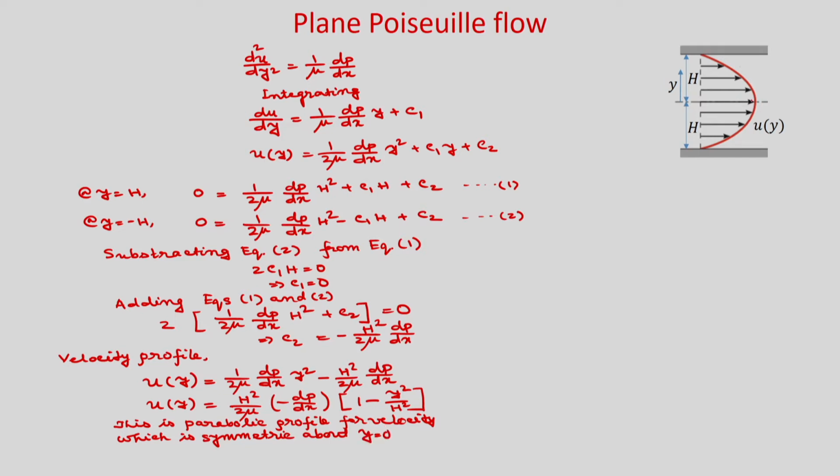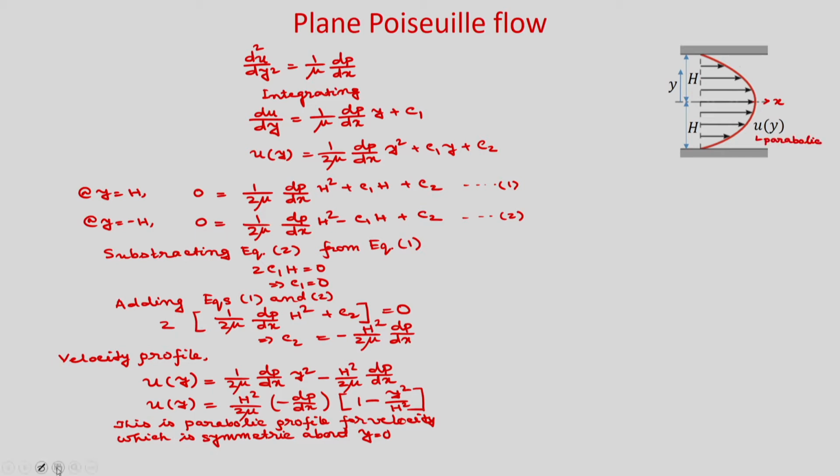So, you can see the velocity profile here. This is your x direction. It is actually symmetric about y is equal to 0. At y is equal to 0, if you put, then velocity will be maximum, because here you will get maximum velocity which is your center line velocity, and the profile will be parabolic.